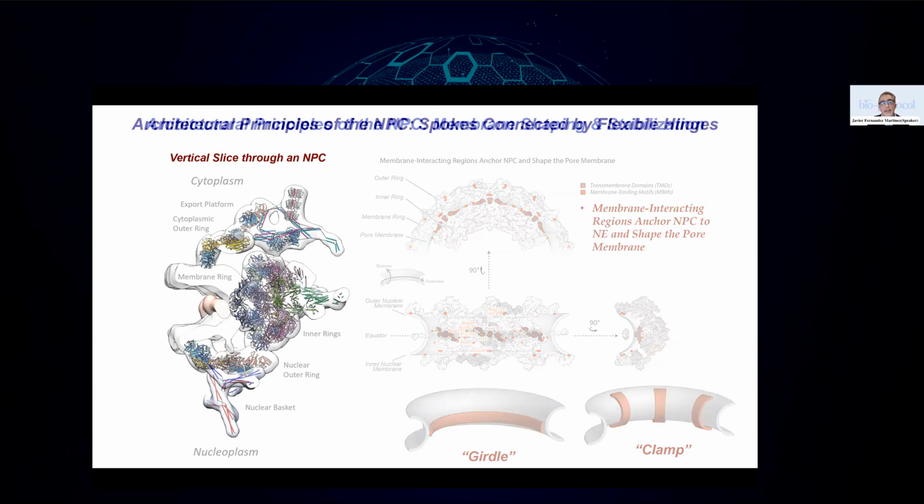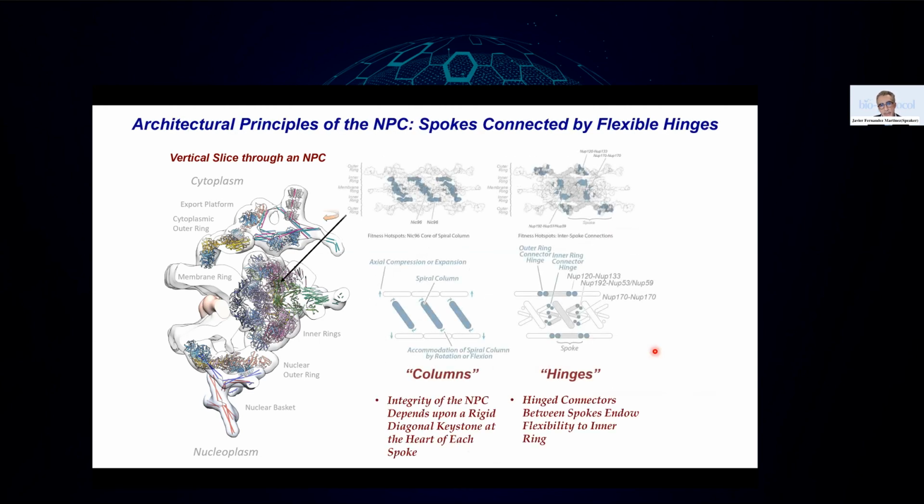Next, and in collaboration with John H.'s lab using a phenotypic assay, we were able to identify the presence of relatively rigid diagonal columns at the heart of each of the spokes of the NPC.